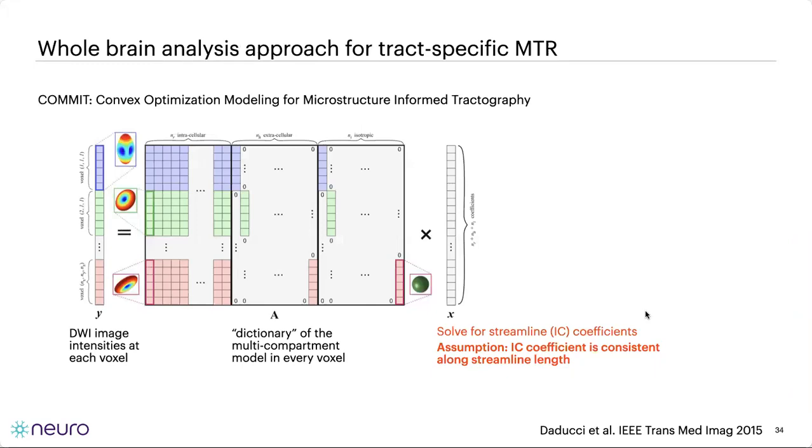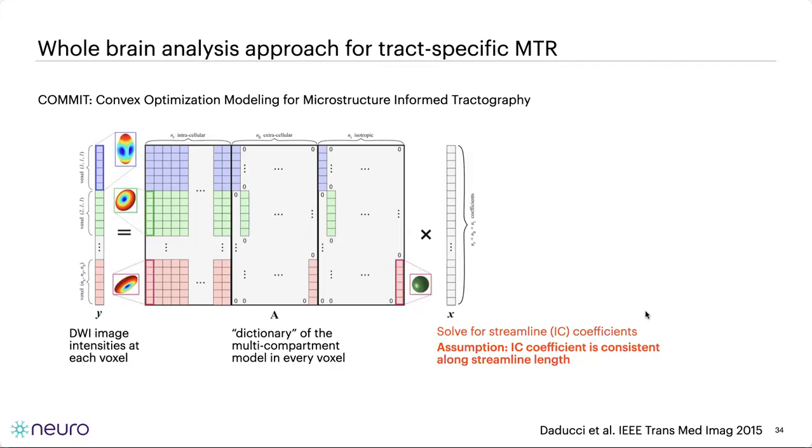Now, this is the tricky part. We only have two measurements, MT on, MT off. Not really enough data to do a complex fitting at the voxel level. So we teamed up with Alessandro De Ducci's group in Verona, Italy. They had developed the COMMIT framework, okay?